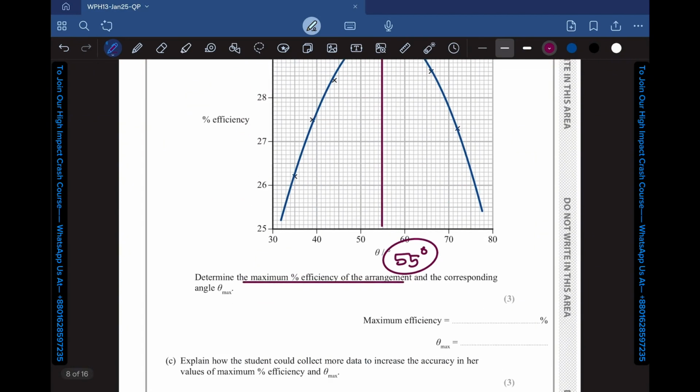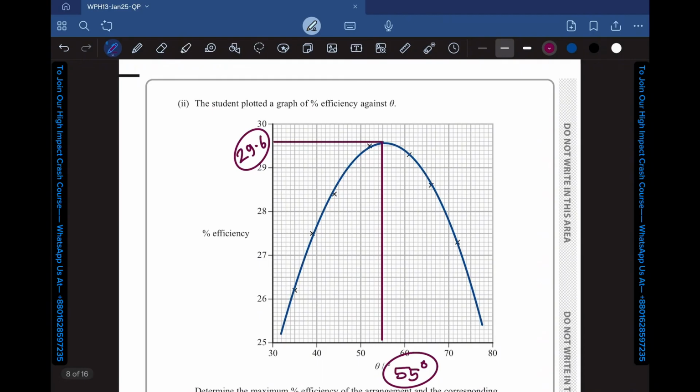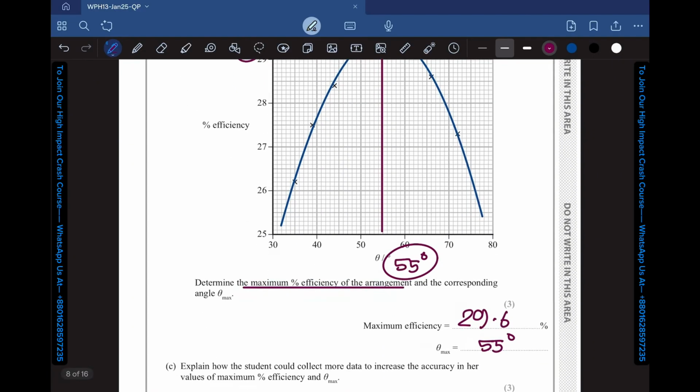So we can easily write this down as 29.6 and 55 degrees. This is how our answers will be. Now they have accepted answers from 29.6 to 29.8, so if your answer is within this range, you are correct. And from 55 to 57, if your answer is within this range, then you are correct.